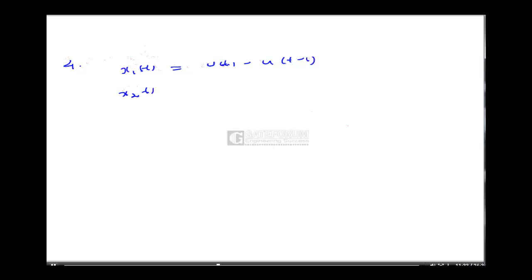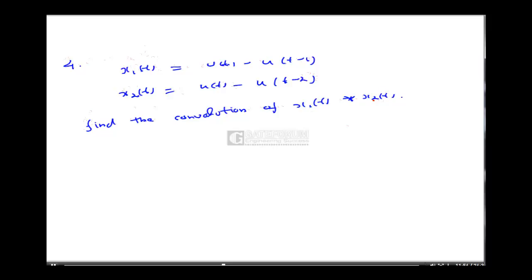Another signal is x2(t), which is given by u(t) minus u(t minus 2). Find the convolution of x1(t) with x2(t). So you have to find the x1(t) and x2(t) convolution.